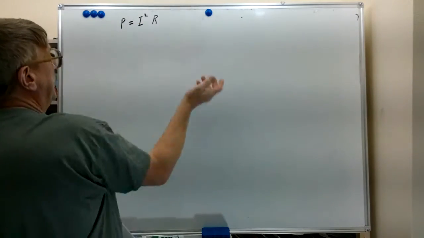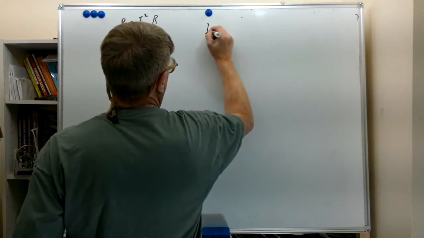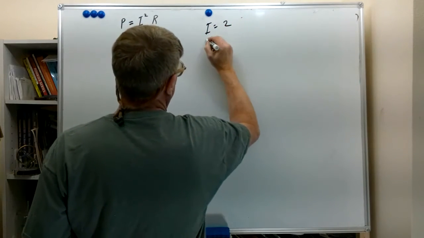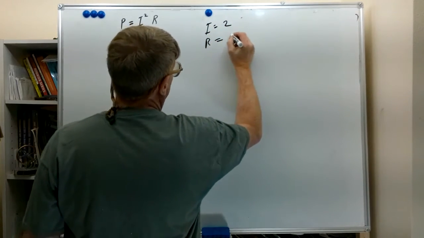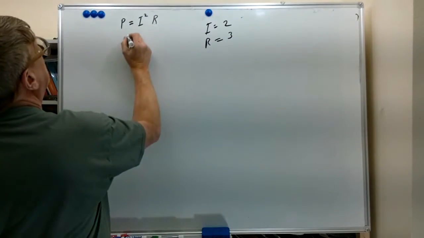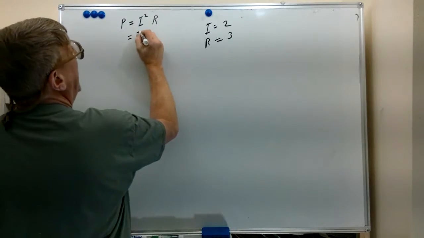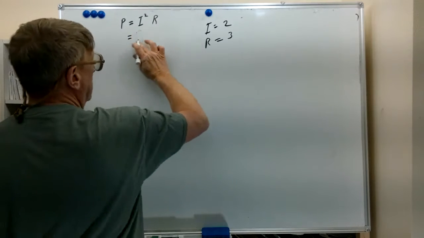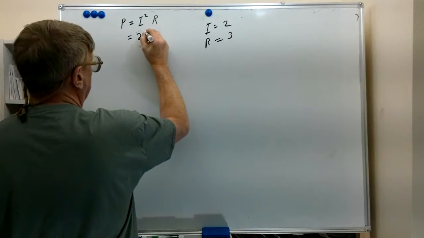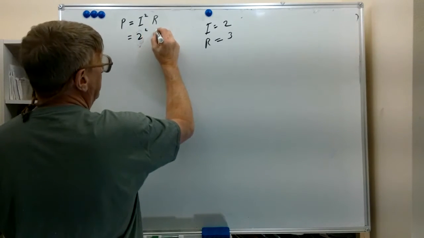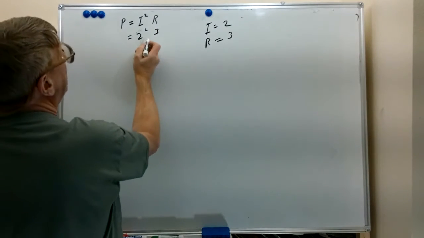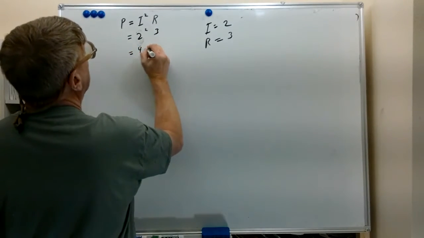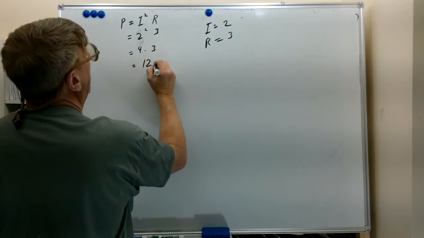So if I gave you I equal to 2 and R equal to 3, we would rewrite this as 2 amps squared times 3 ohms. Well, we would do this exponent first, which would be 4 times 3, which is 12 watts.